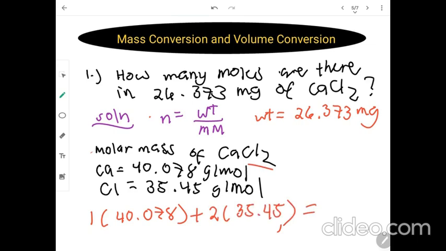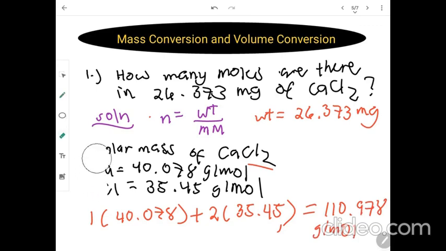So that is 40.078 plus 2 times 35.45, so the value here is 110.978, and the unit here is grams per mole.